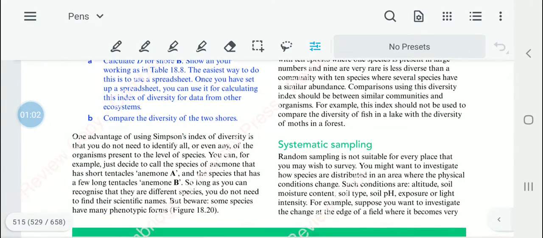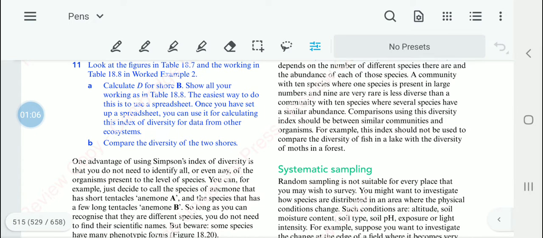So when we get a higher number for D, we know that it has more biodiversity. If the value of D is less, then we know that it has low biodiversity as well. Also with regards to biodiversity, we have to understand that if there are 10 species in two areas, in one, only one type of species is most abundant and all the others are in very few numbers.